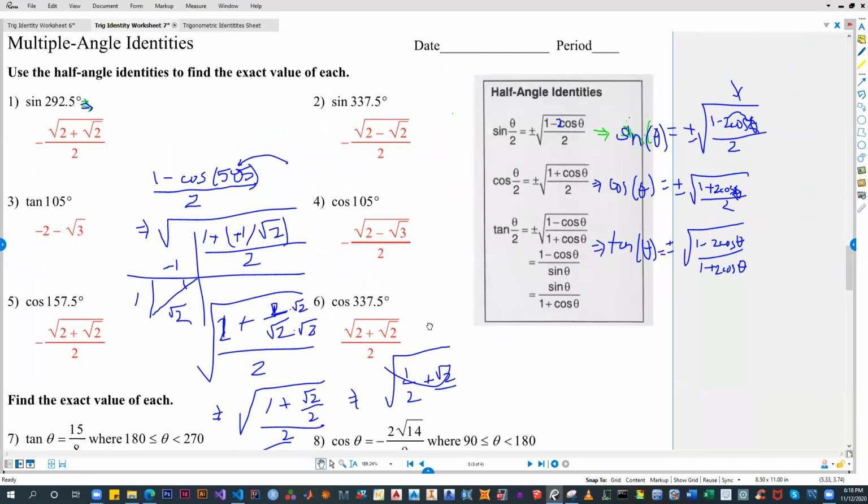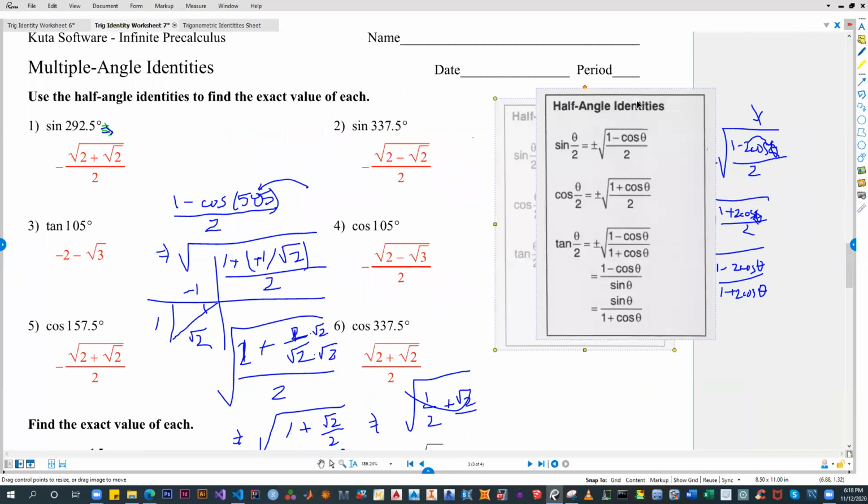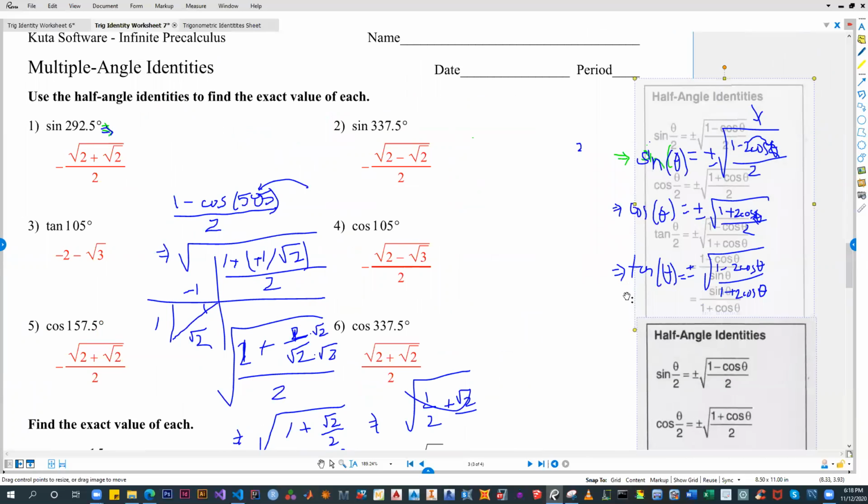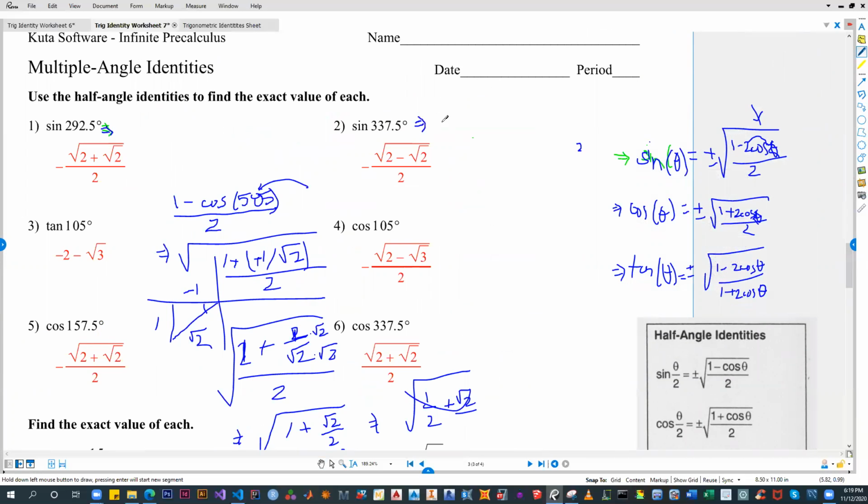All right. Let's actually do this other guy. So the next one here is very similar. What is 2 times 337.5? 675.